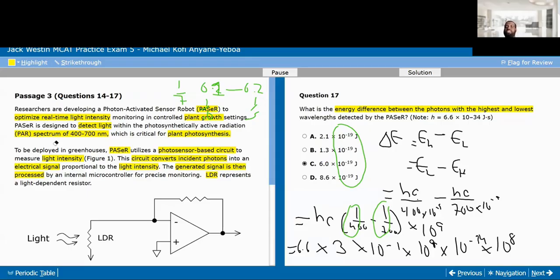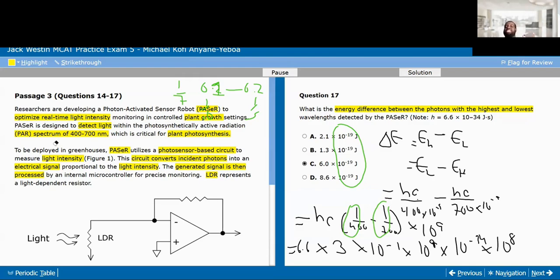So you see what's happening. I've moved all my exponents of 10 to one side, and I'm dealing with only the unique numbers that are not exponents of 10. Why? Because whatever my answer is in that region is going to point me to the answer on the MCAT. I don't need to get the exact value.